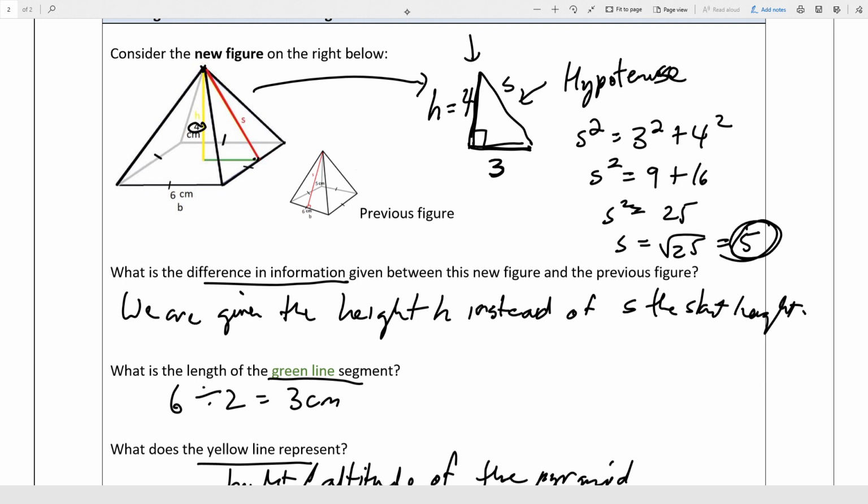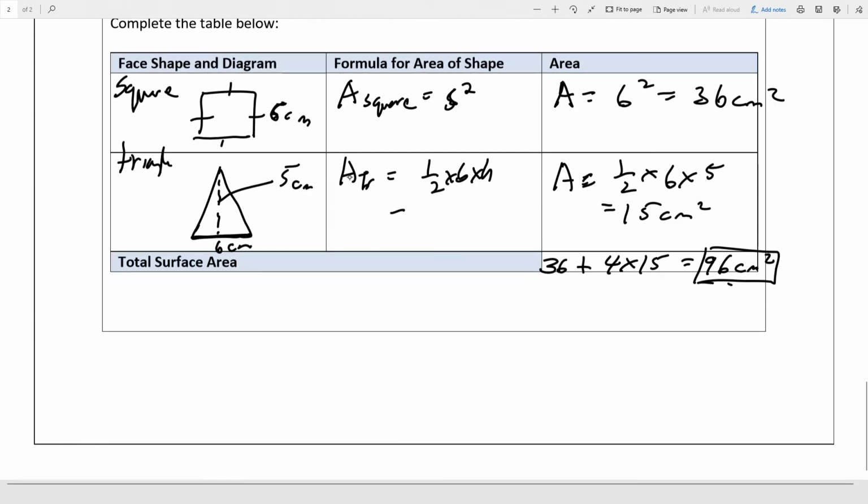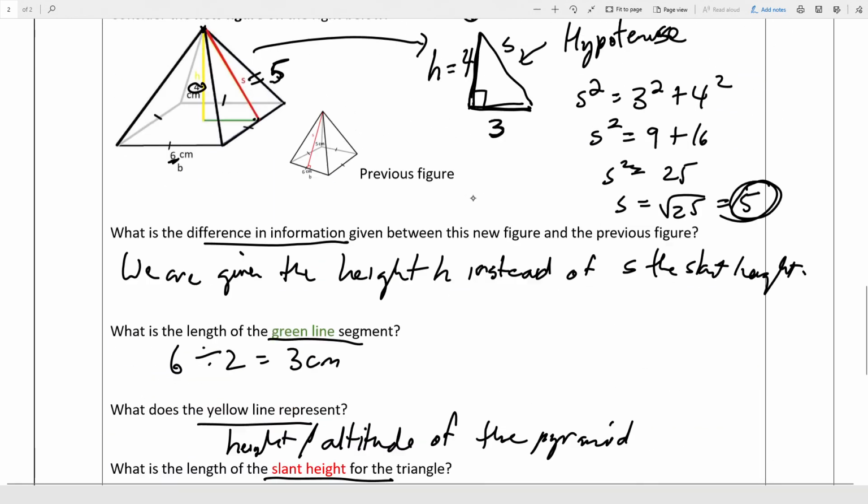So slant height is 5. Since we now have the height of the triangle, we're able to find the area of each of the triangles. And then finding the area of the square is trivial because we have one of those side lengths, which is 6. And then we added that all together to get 96 centimeters squared.